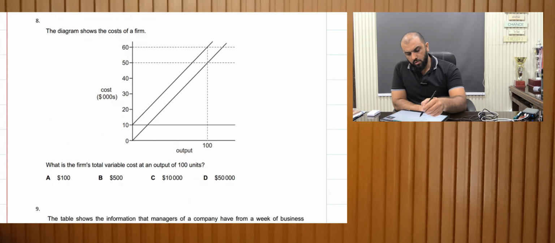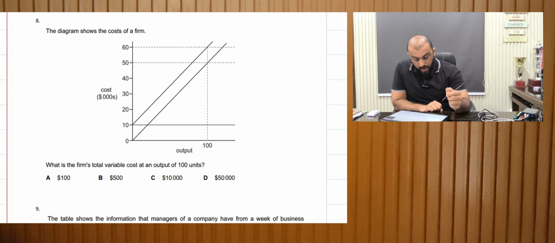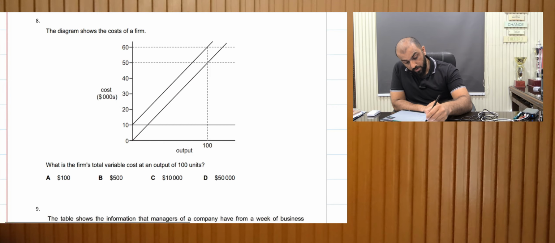The diagram shows the cost of a firm. What is the firm's total variable cost at an output of 100 units? All right, output of 100 units. We need to answer variable cost, right?